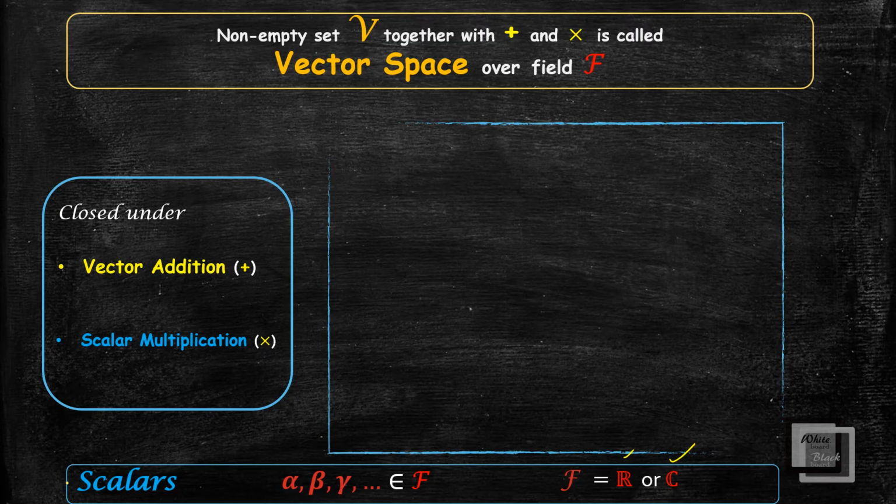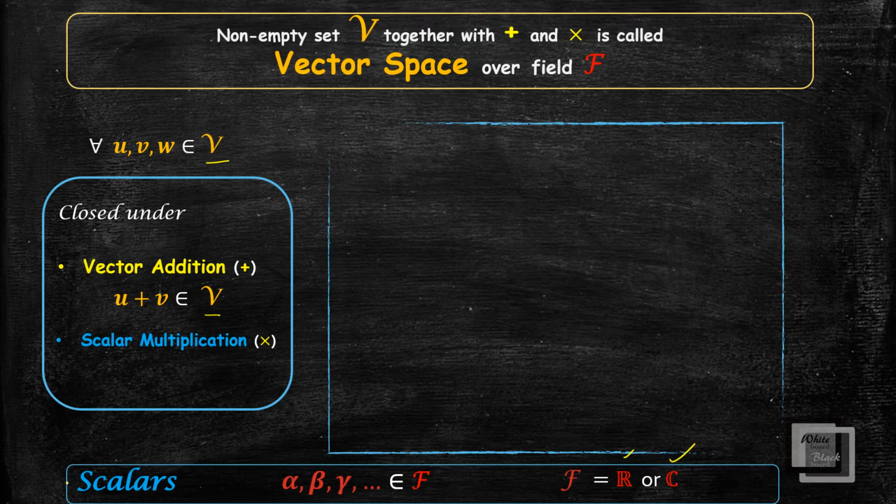So number one property is that V is closed under vector addition. That means if we take two elements u, v belonging to the non-empty set V, then u plus v also belongs to V. This property is called the closure property. The second property is closed under scalar multiplication.